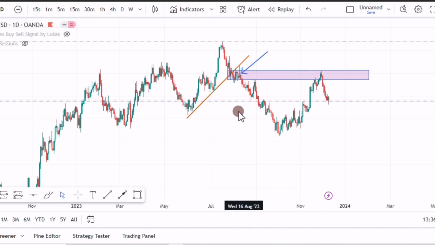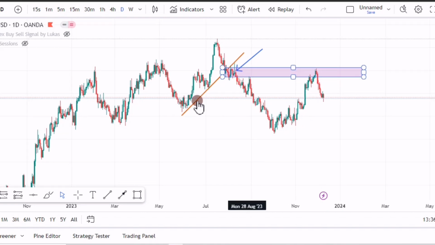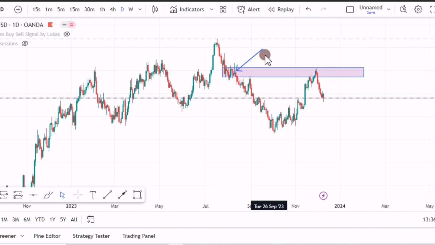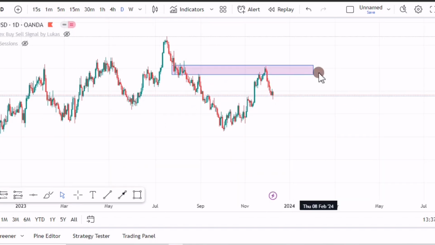It's just like right here. Let me start by removing this. I just wanted to show you how to draw this key level and why price reversed right there.